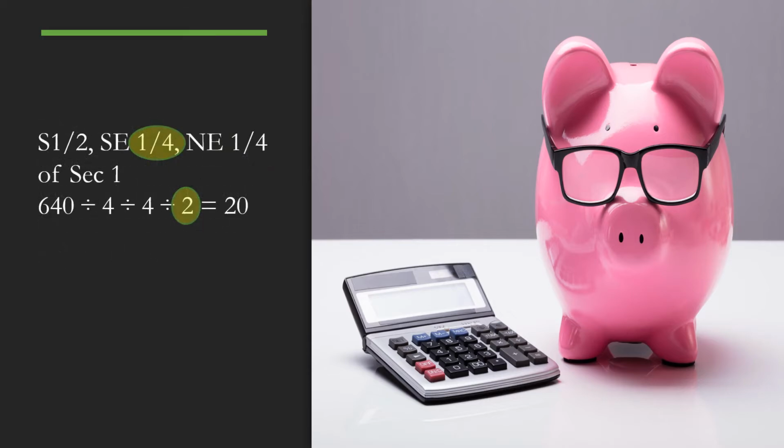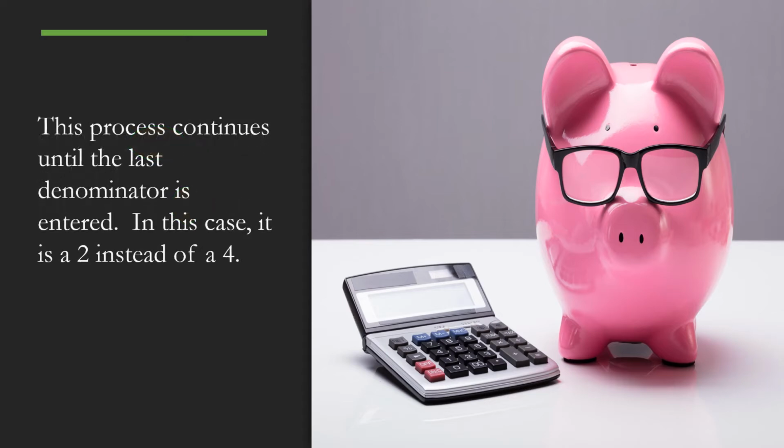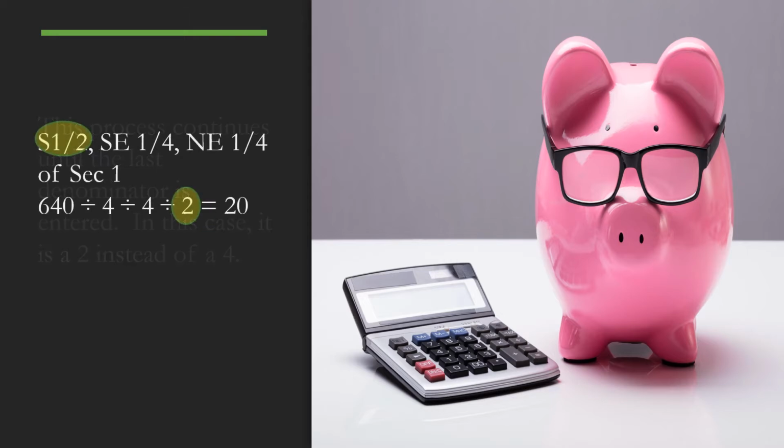As you can see with the yellow highlights, it matches up with the 4 that was entered into the calculator. The process continues until the last denominator has been entered, and in this case that's a 2 instead of a 4. As shown here, highlighted is the 2 that you're putting into the calculator, which corresponds with the beginning of your legal description as you're working it, the south 1/2, also highlighted.